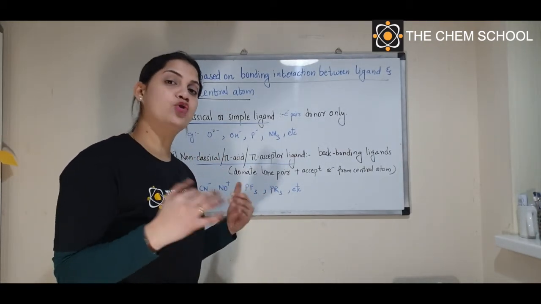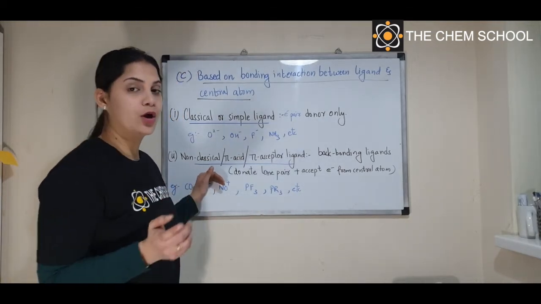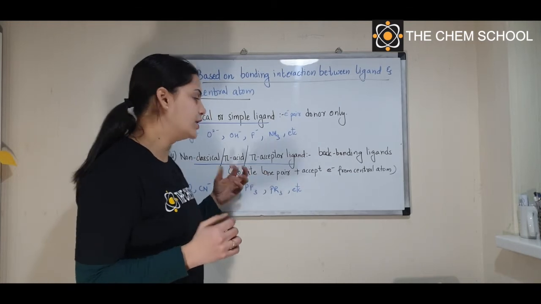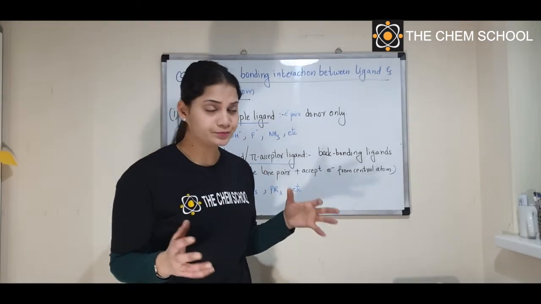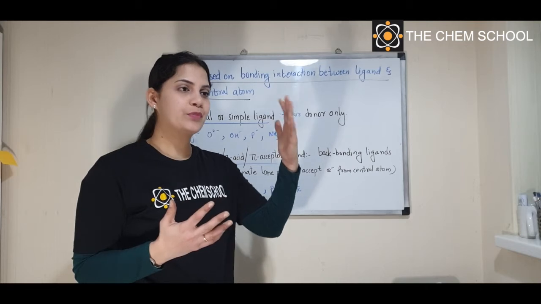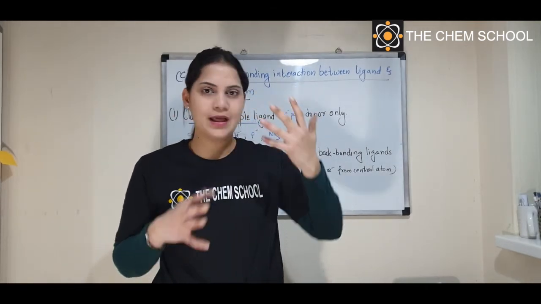But there's a much more complicated version, and that is the non-classical ligands. Non-classical ligands are also called pi acids, or pi acceptor ligands. Now what is happening in this case? Let's say this is the central atom and this is the ligand.